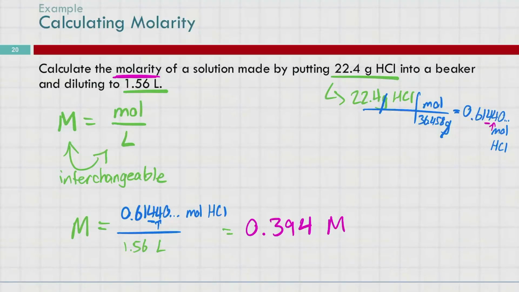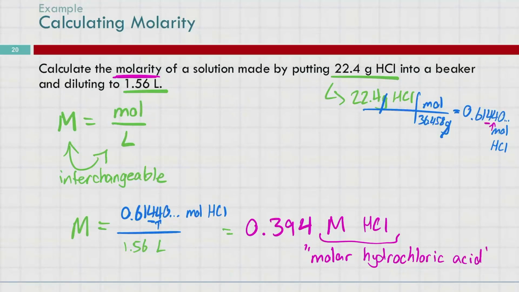Molar HCl, or molar hydrochloric acid. Basically what I'm pointing out here is we shorten molarity to molar when we're reading off the unit.